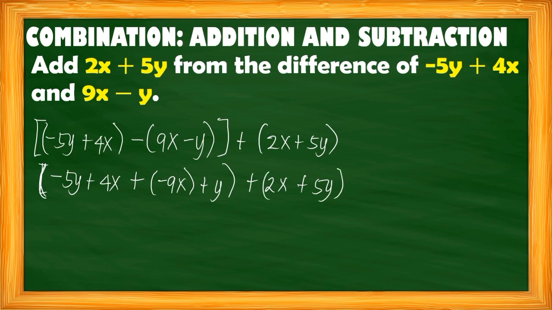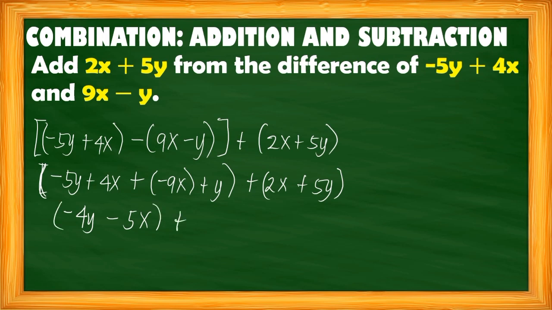Ayan. So, i-add muna natin yung nasa loob ng parenthesis. So, negative 5y plus y, that is negative 4y. And then 4x plus negative 9x, that is negative 5x.